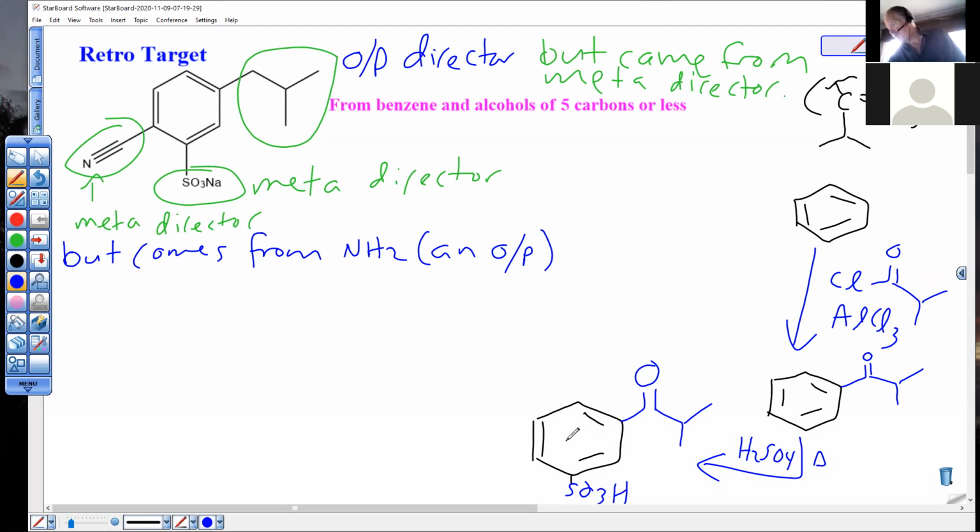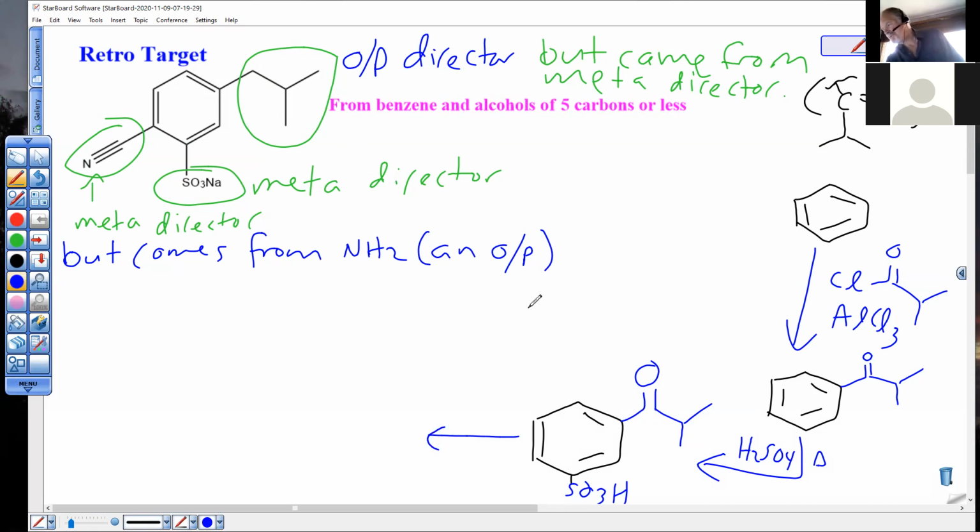Your next group will go here unless you alter one of these two. And I have to do that by making this, sorry, it is a carbonyl, by making it into a CH2. I need to reduce this to a CH2.